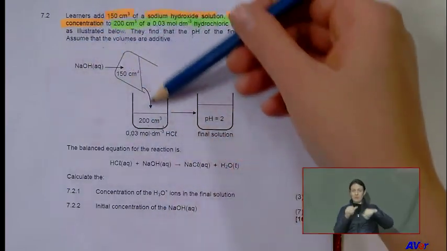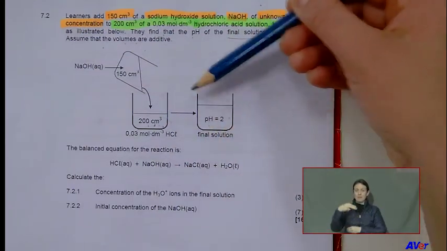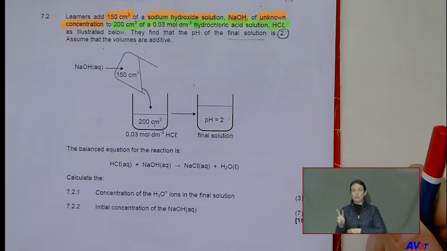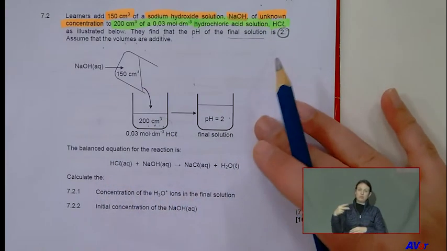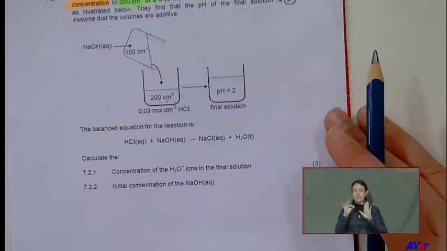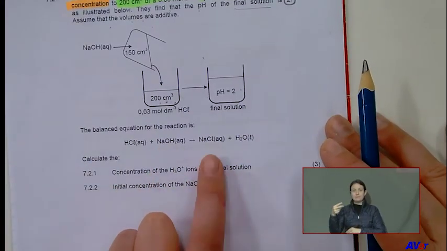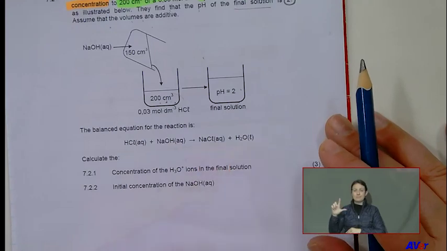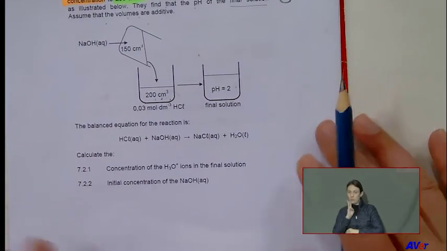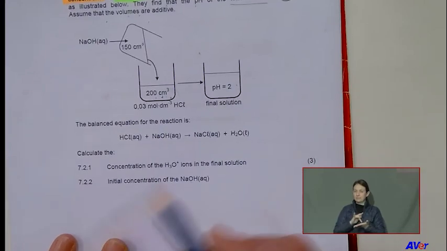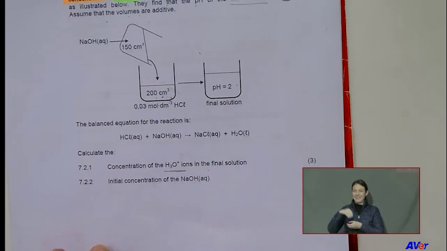They add the sodium hydroxide, and now this final solution of sodium hydroxide and hydrochloric acid has a pH of 2. The balanced equation for the reaction is HCl plus NaOH will give us sodium chloride and water. So there's our salt, there is our water. Calculate the concentration of hydronium ions in the final solution.